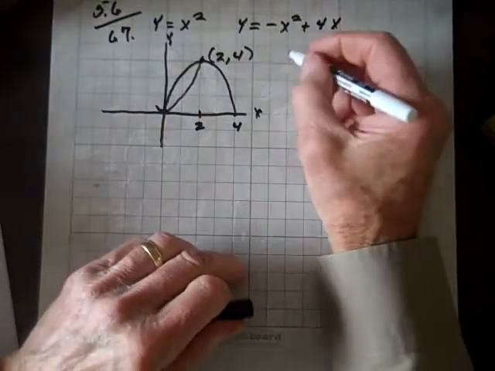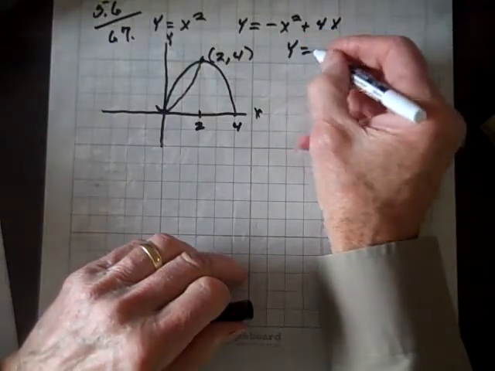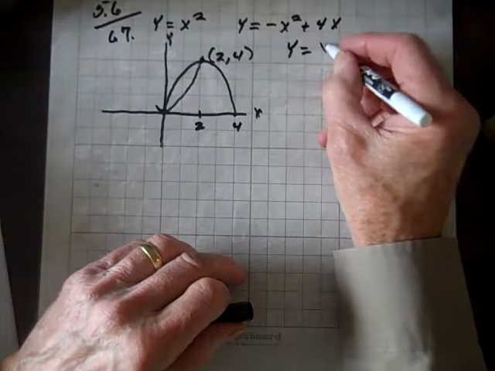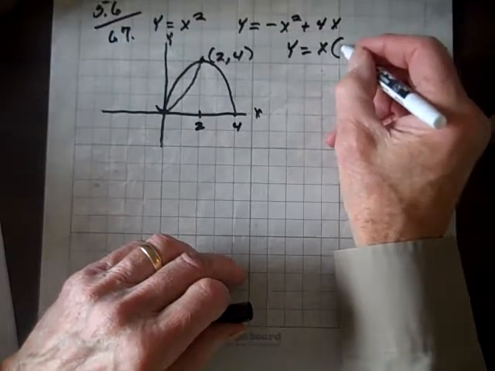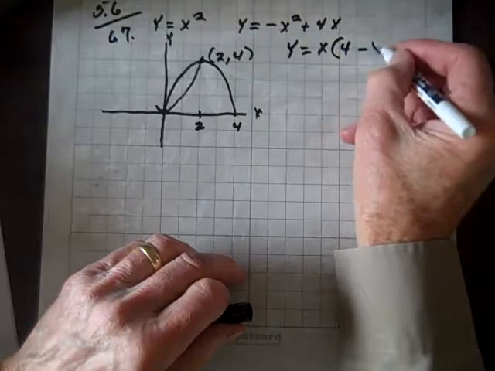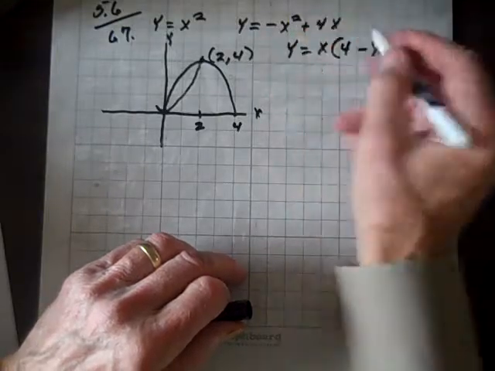When we factor this, y equals, and I'll factor an x out of both terms, and I'll get x times 4 minus x.